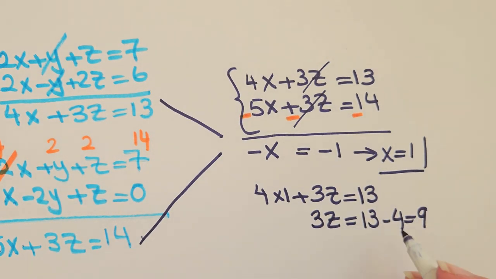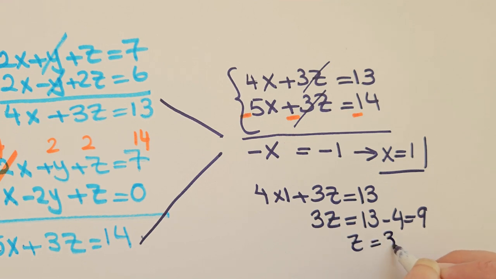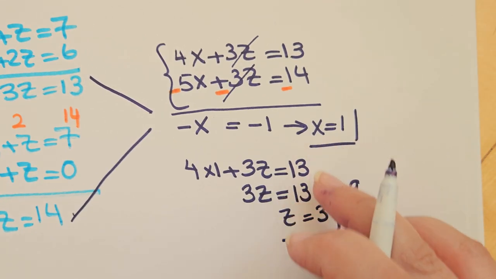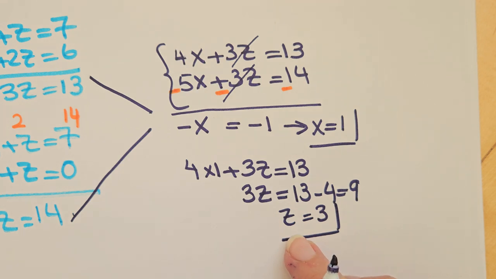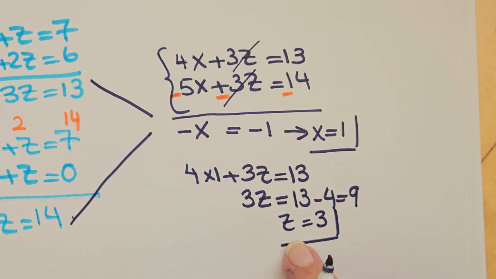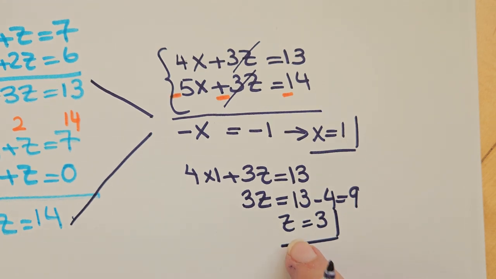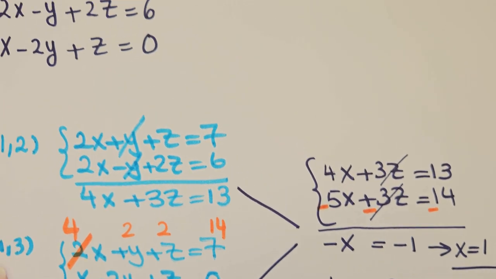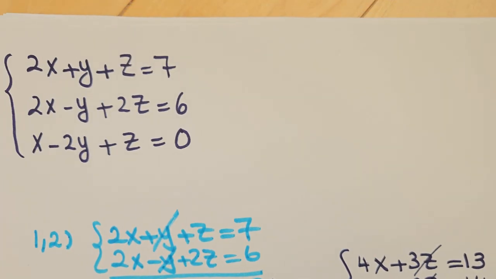And from here, the value of z is 3. Okay, so far we found the values of x and z. Now we can plug them into one of the equations with the 3 variables and find the value of the third variable. So let's go back to our original equations.